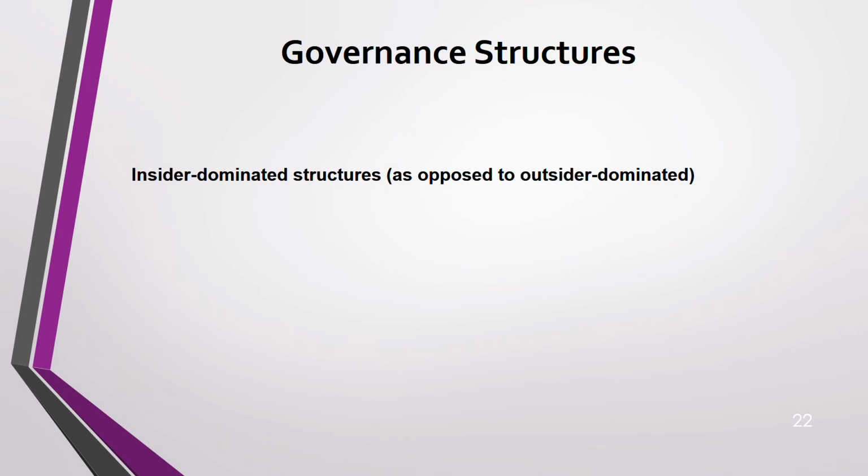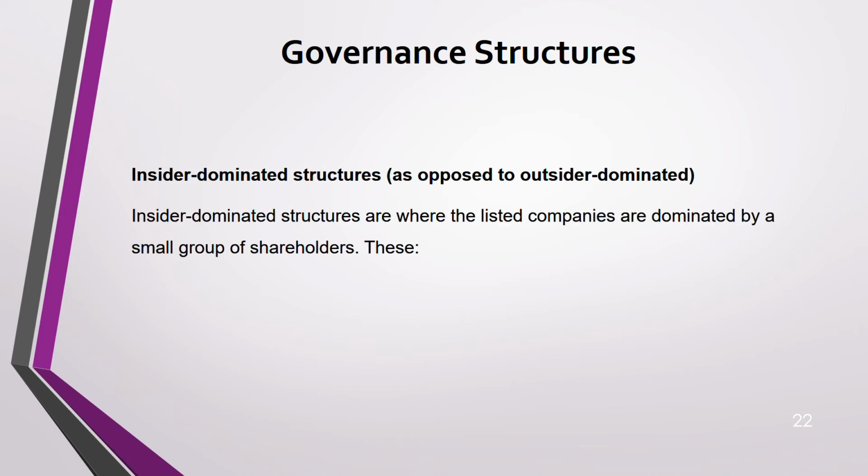Now, insider versus outsider. Insider dominated or outsider dominated. Insider is very much like what we have just covered, family, and outsider dominated means limited companies, listed companies. See, both are listed, whether insider or outsider. But insider is dominated by a small group of shareholders, inside shareholders.